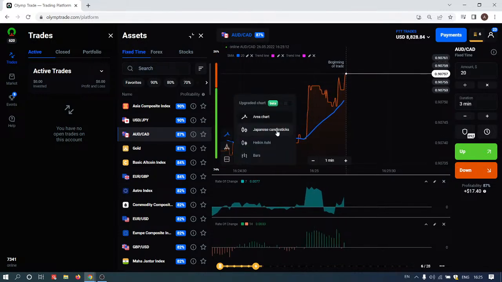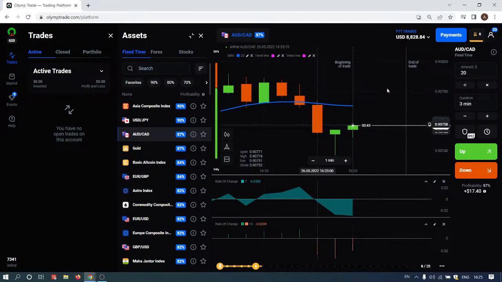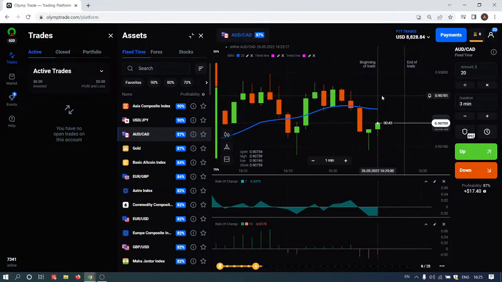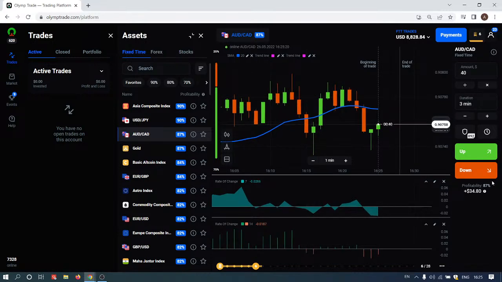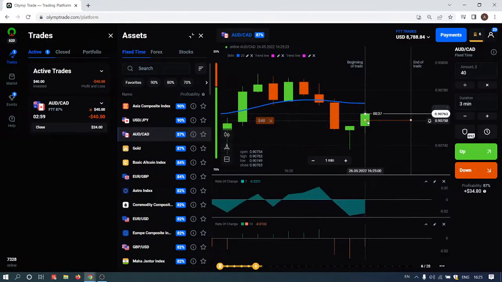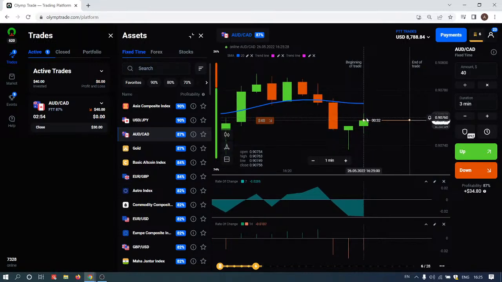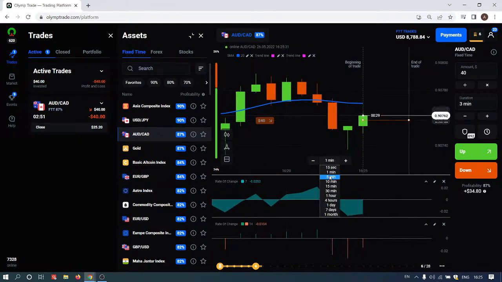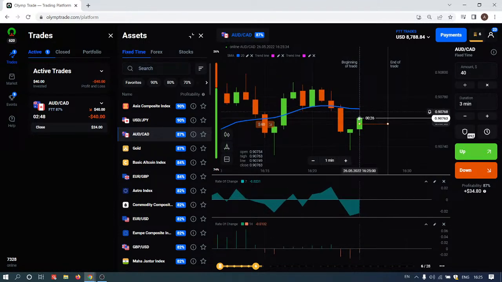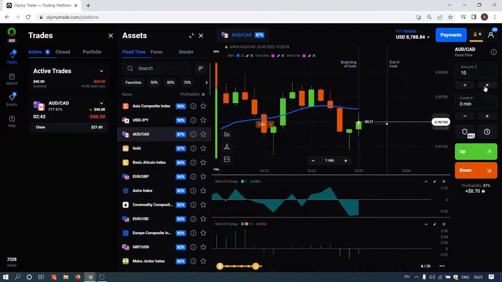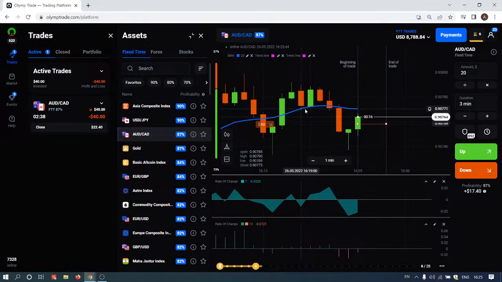Now, what we can do is divide this area chart into subsections, cut them into minutes, or even 5-minute intervals, and then we have this Japanese candlesticks chart, which is another way of presenting the same information and the same trading that is on the platform. That's pretty much it.